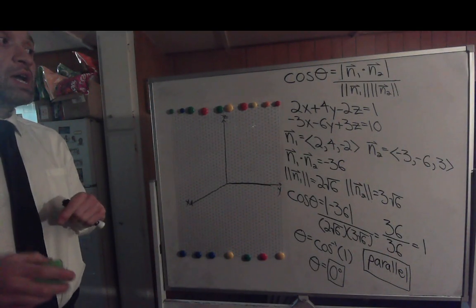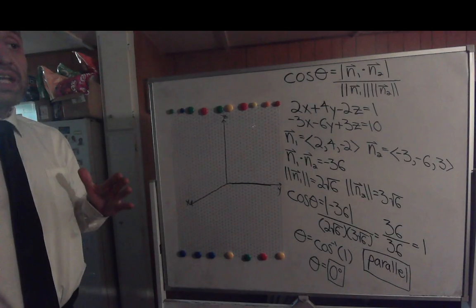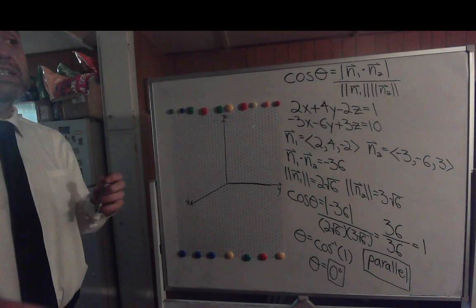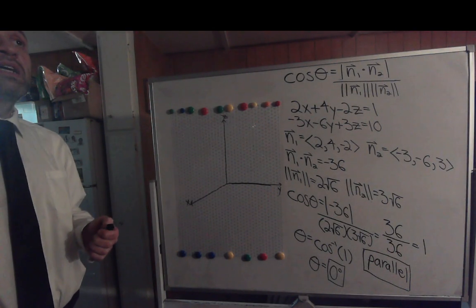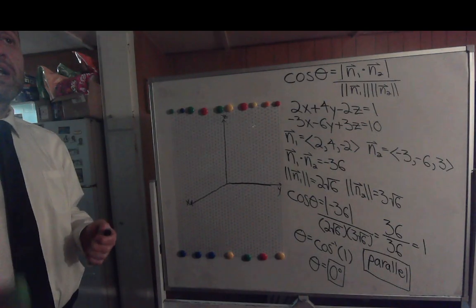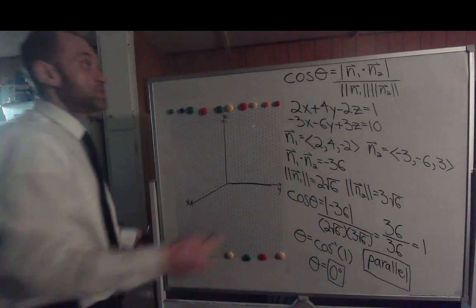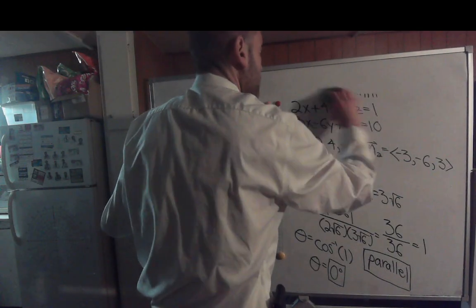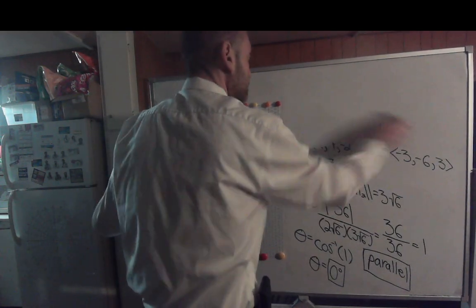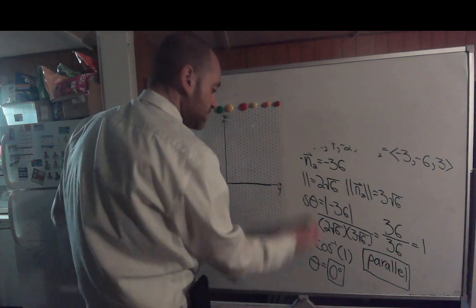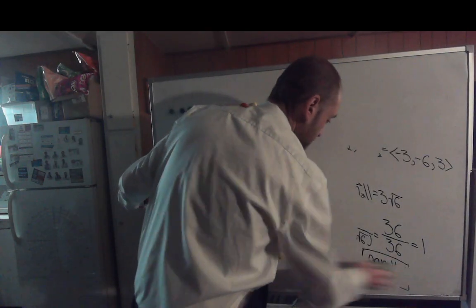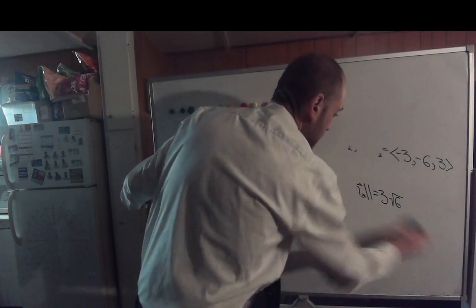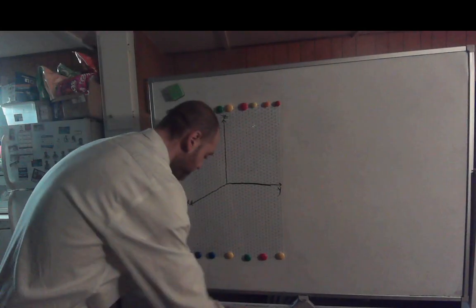Now, we've talked about finding the angle between two planes. Next, let's talk about finding the distance between a point not on the plane and the plane itself. So we're going to get into that here. First, let me draw a little diagram.